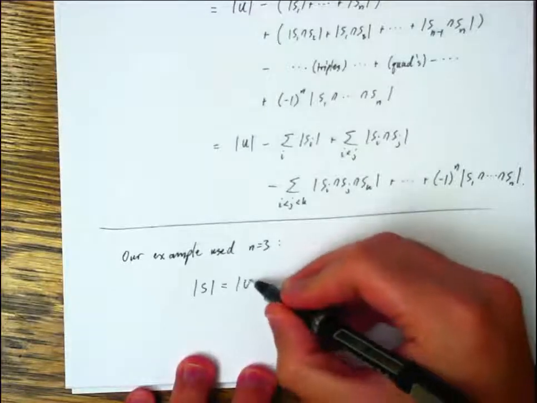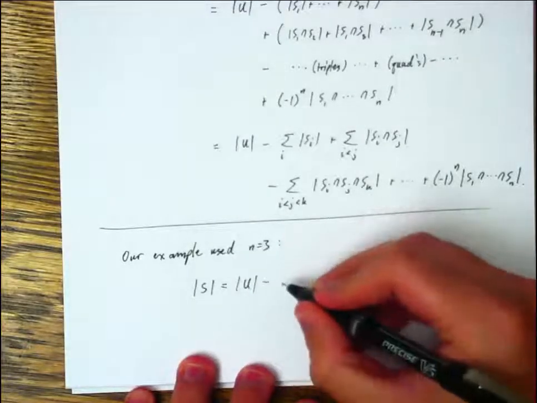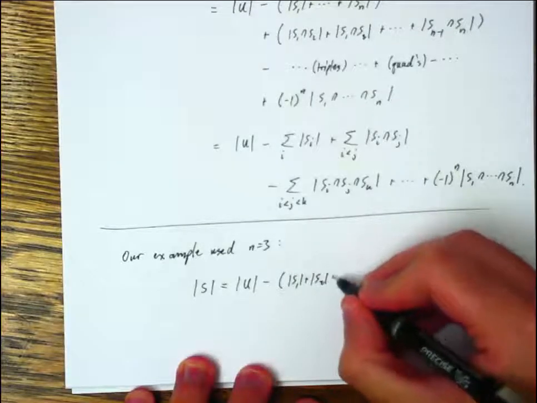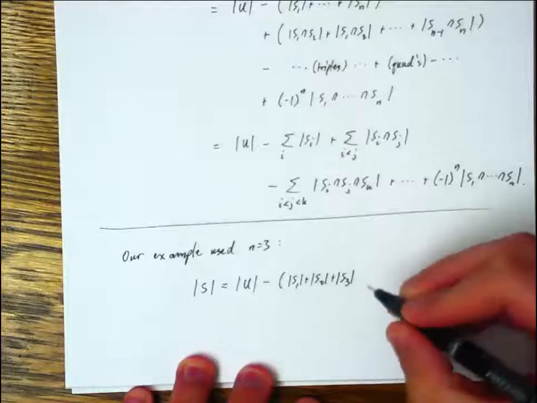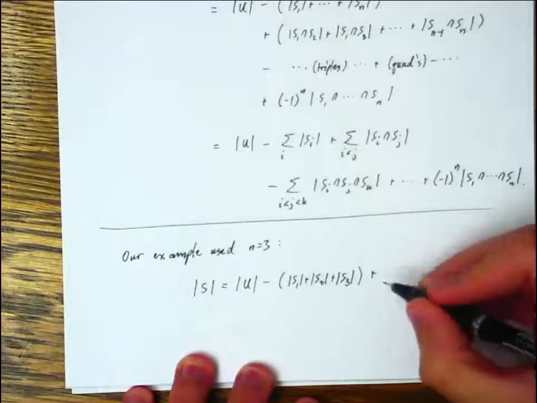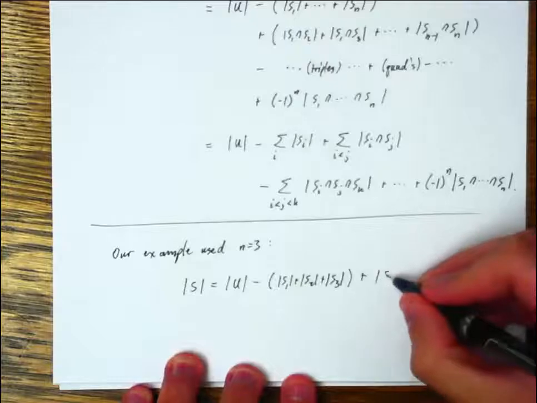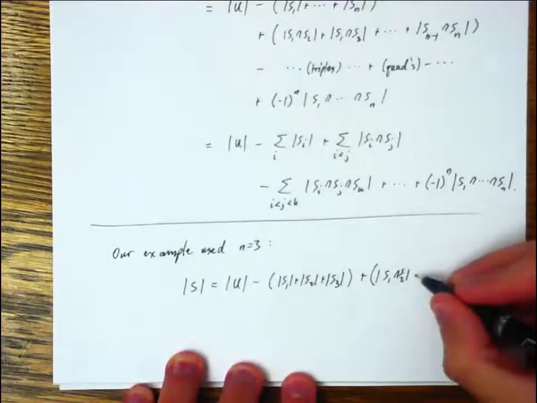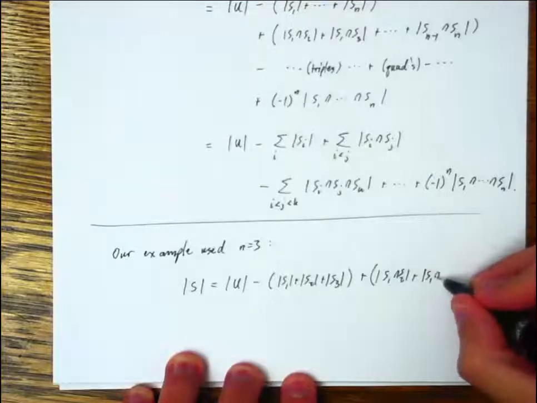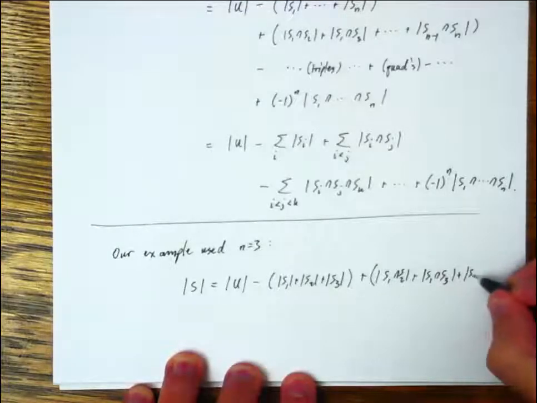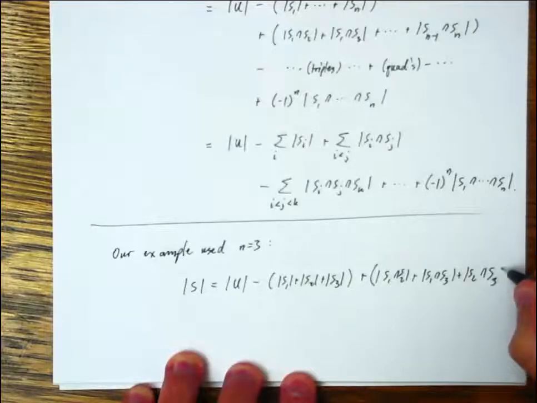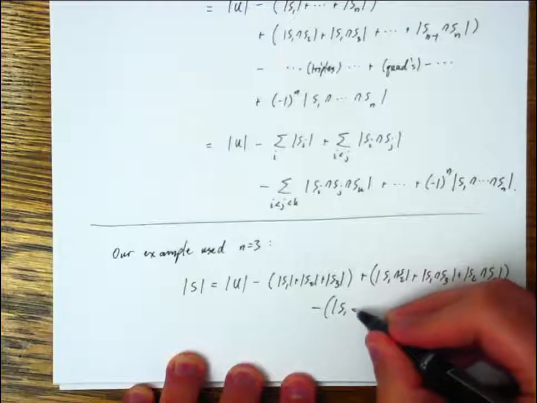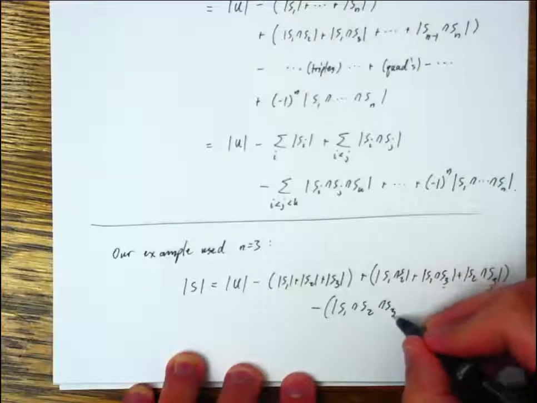It's given by the things that we could count minus this sum S1 plus S2 plus S3, plus S1 intersect S2 plus S1 intersect S3 plus S2 intersect S3, minus the final triple intersection, S1 and S2 and S3.